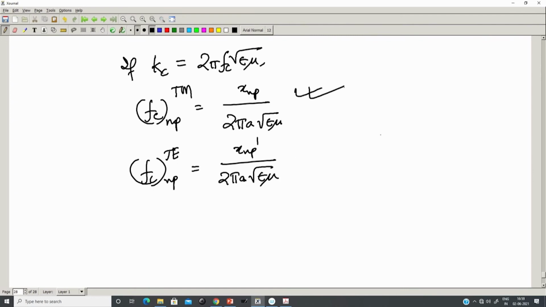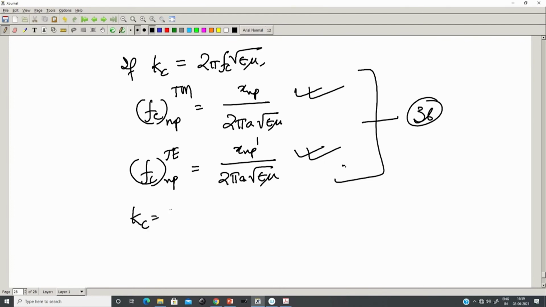So, this is the cutoff frequency for the TM mode, this is the cutoff frequency for the TE mode. We call these sets of equations 36.